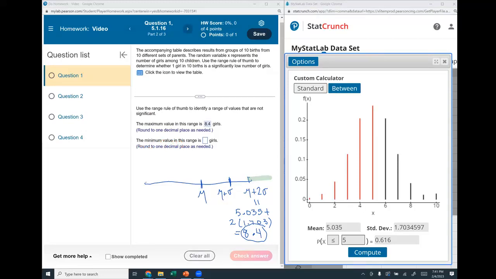All right, so now we want the minimum value. So now we have to go the other way, right? So we go here. This is mu minus 1 standard deviation. And let's say this is mu minus 2 standard deviations.